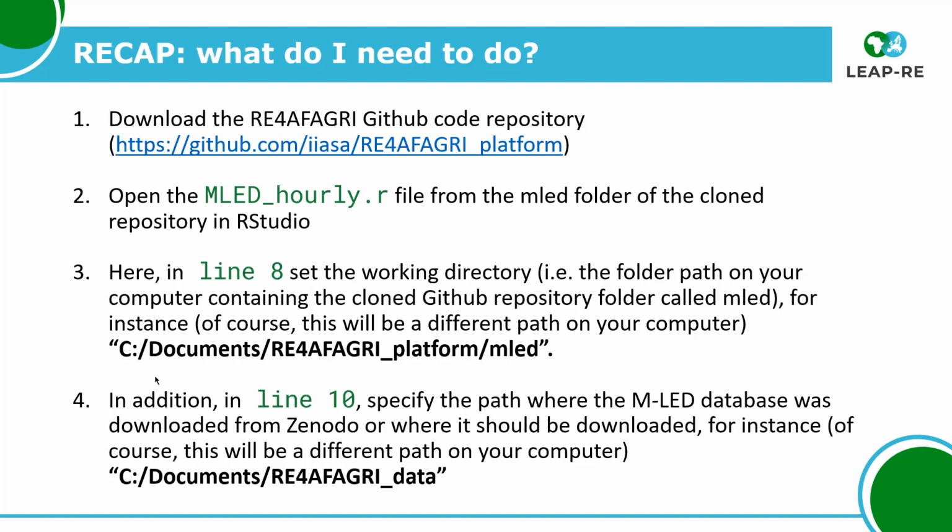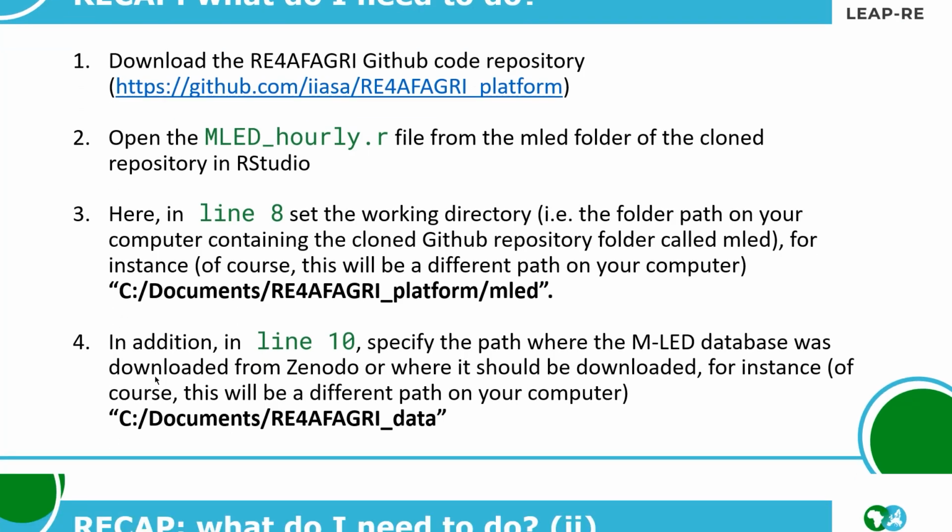I need to update lines of code 8 and 10 to the path where I have the code of my RE4AFAGRi platform mlat folder, and to the path where I have my input data that I downloaded from Zenodo. So update these 2 lines of code, being aware of using the slash with the top right leading direction and not the opposite one in the code of the R script.